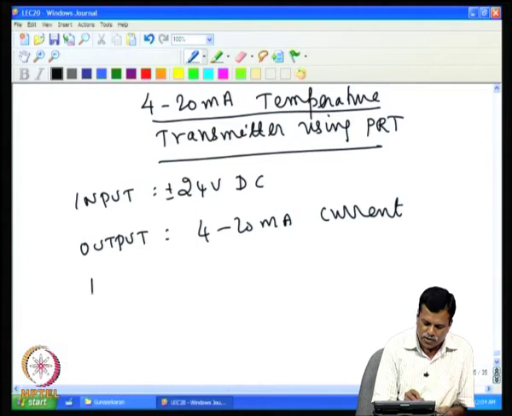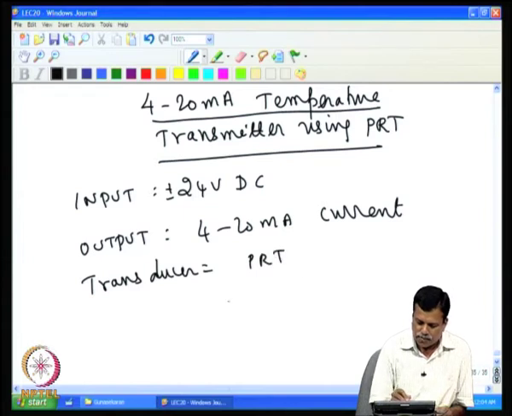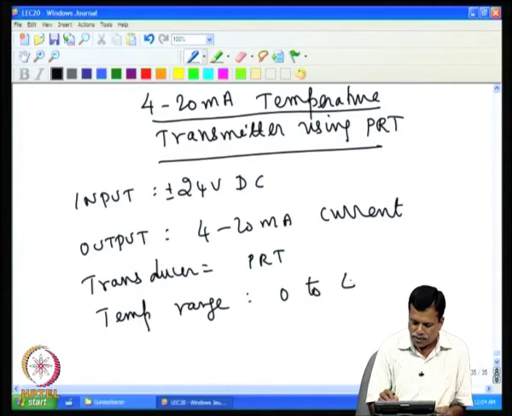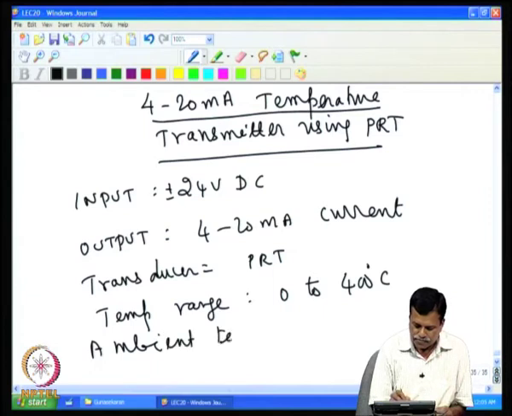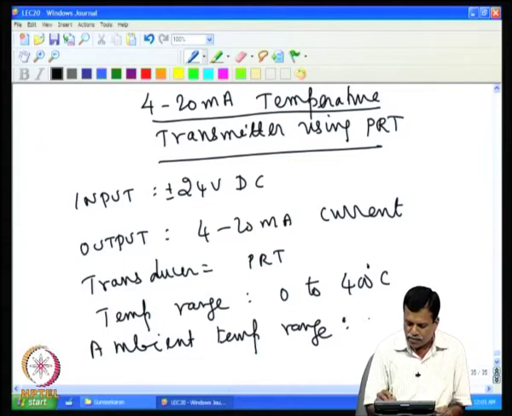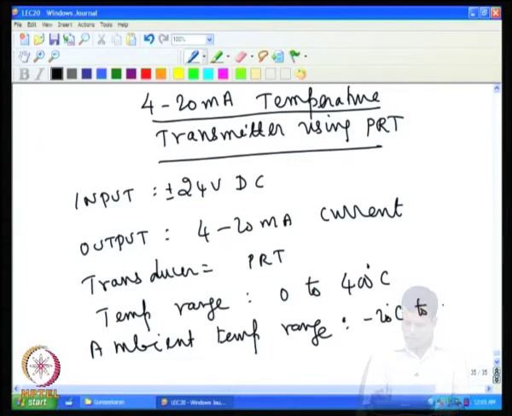Of course, the transducer is PRT, and we keep the temperature range as 0 to 400 degrees C, and then the ambient temperature range, that is the instrument working range, we take -20 degrees to 80 degrees C, industrial grade equipment.